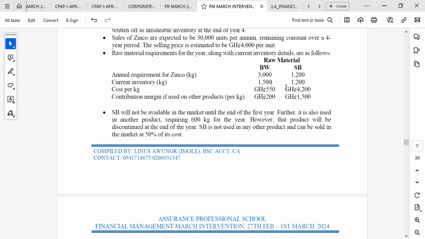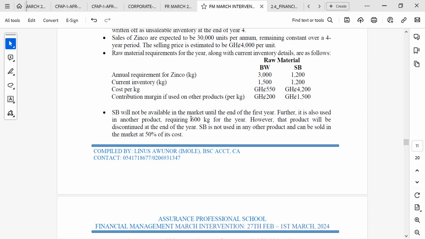So they are currently saying that SB will not be available until the end of the first year. So it means that you can't get it in the market and buy. But the current 1,200 that we have over here, we are using 600 for another product, isn't it?